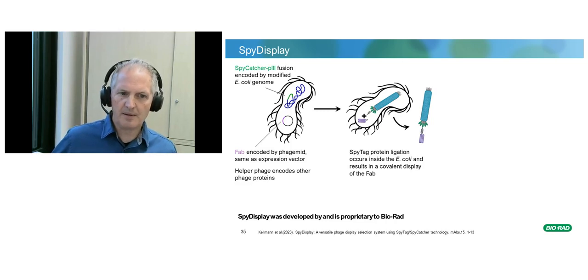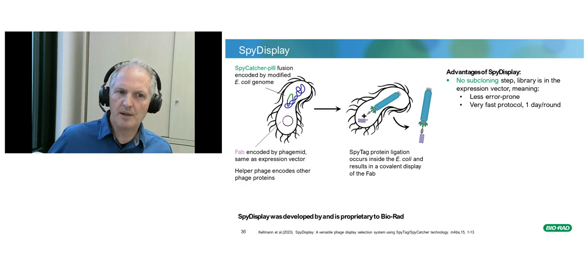And this method has several advantages. First of all, the library is already in the expression vector, so there's no subcloning step required between the selection and the screening step. Fewer steps means it's less error prone, it's faster, but we also further improved or accelerated the selection protocol so that we can now do 1 panning round per day.